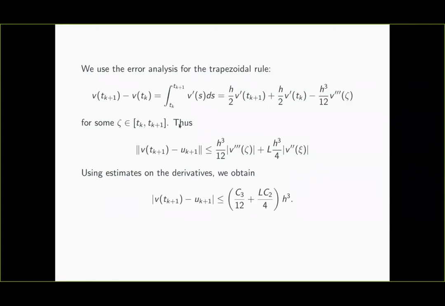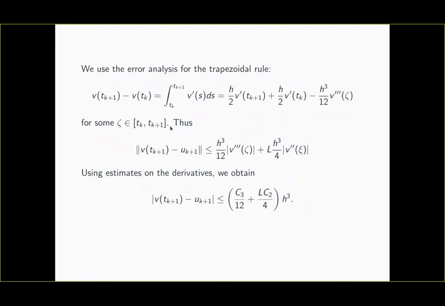And that equals the result of the trapezoidal rule plus some error term. In particular, it equals h over 2 times v prime at time tk+1 plus h over 2 times v prime at time tk minus h cubed over 12 v triple prime at zeta, for some zeta between tk and tk+1. Okay, now the techniques that we apply are fairly standard.